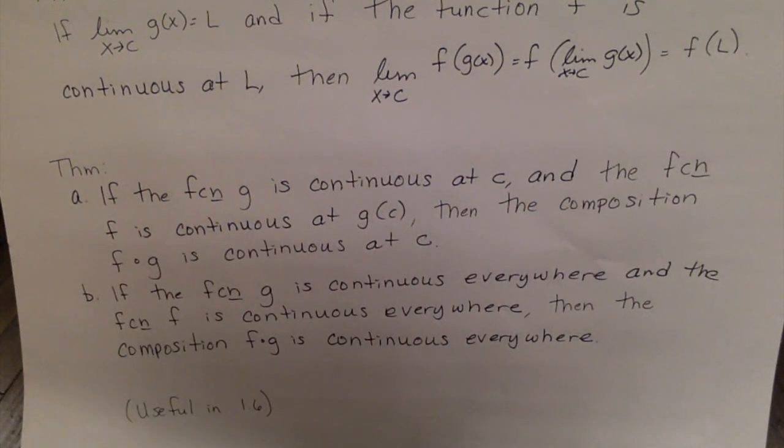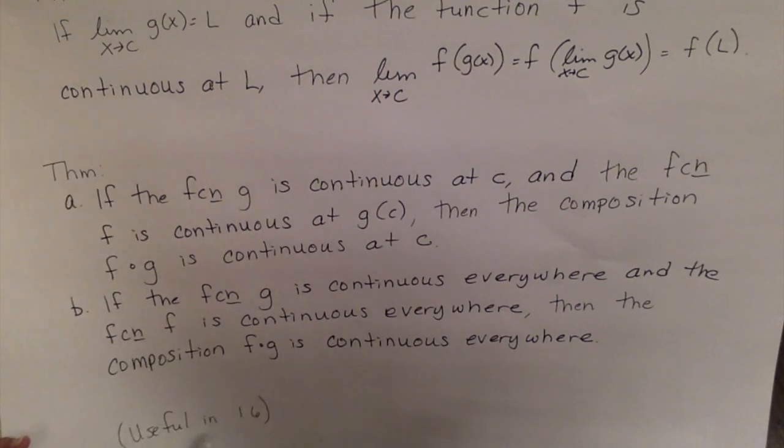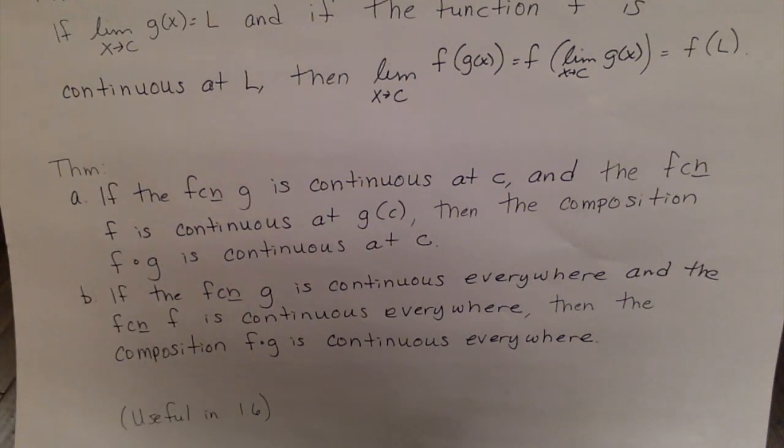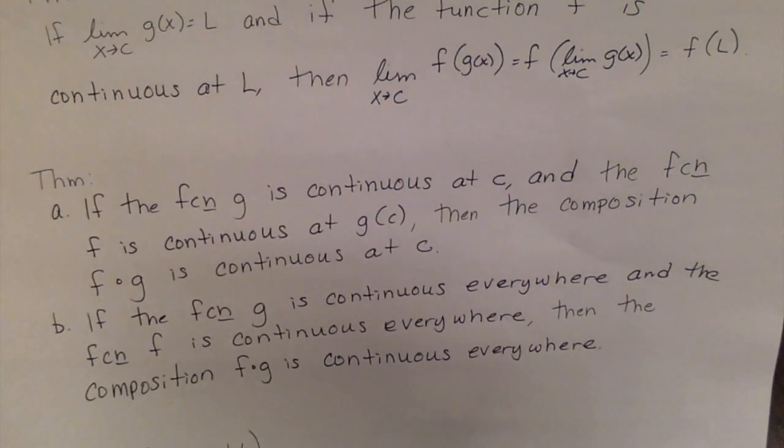Part B says, if the function g is continuous everywhere and the function f is continuous everywhere, then the composition f of g is also continuous everywhere. Next time, we're going to be looking at section 1.6, the continuity of trigonometric functions. This is going to be really important when we talk about those functions and their continuity, so we'll hang on to that theorem for that purpose.